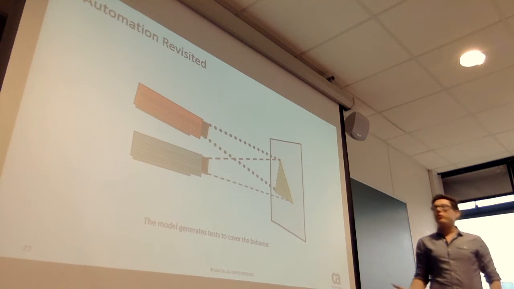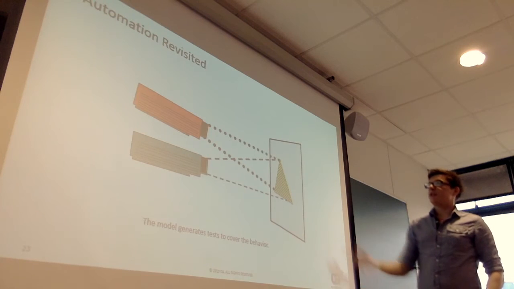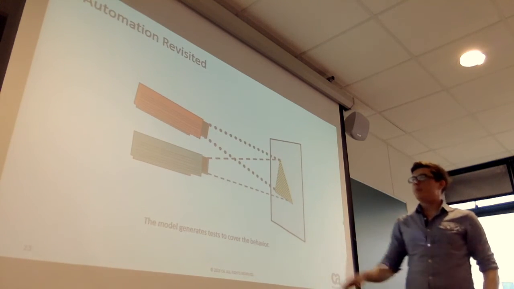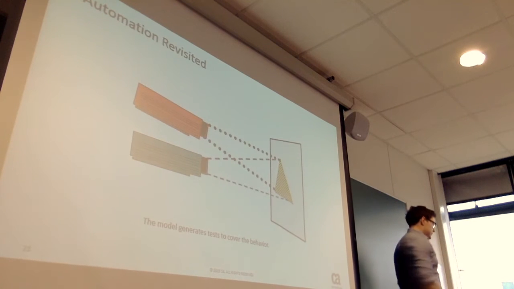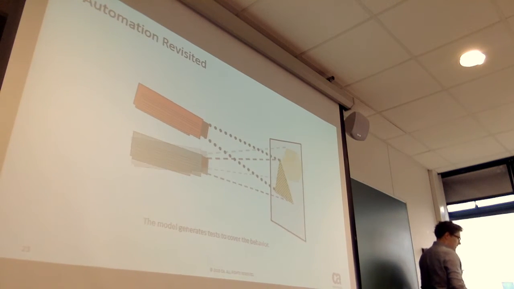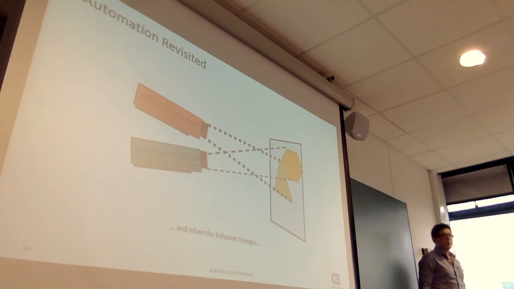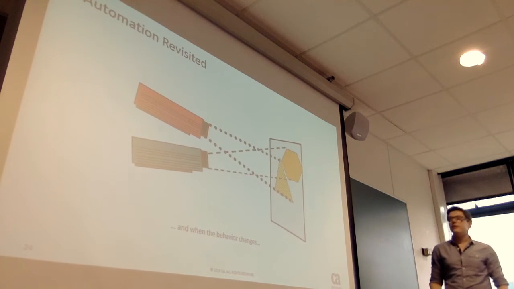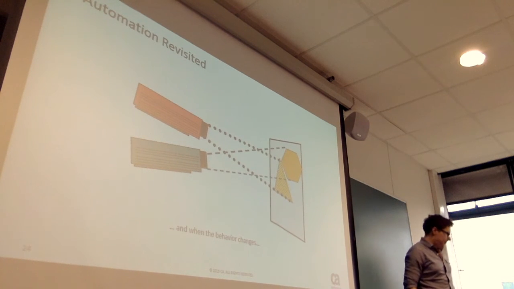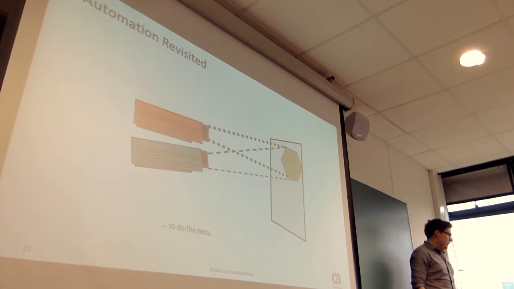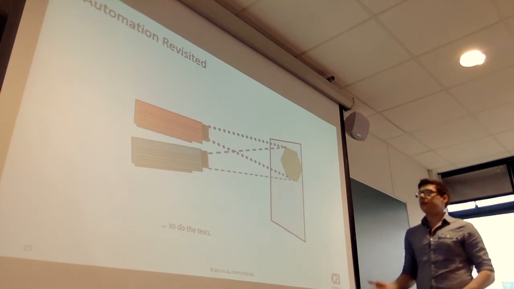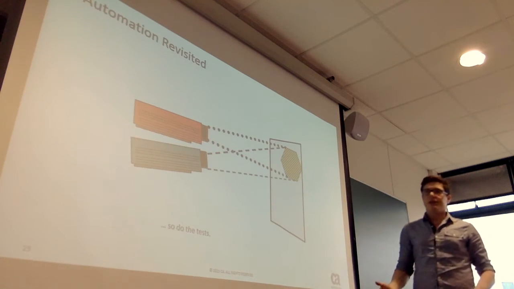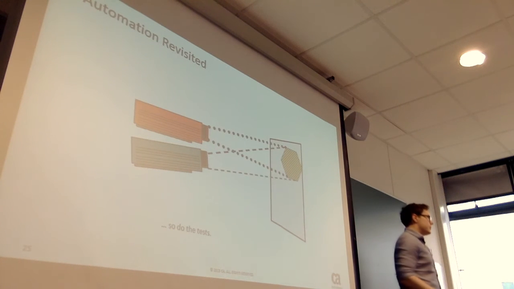The model is saying that our projector should project a triangle, and the projector is projecting our triangle. So the system changes again, and we're no longer drawing a triangle, we're drawing a hexagon. And all we're going to do is update our model. So we're going to say our model should no longer represent a triangle, it should represent a hexagon, which is what the underlying system is doing.